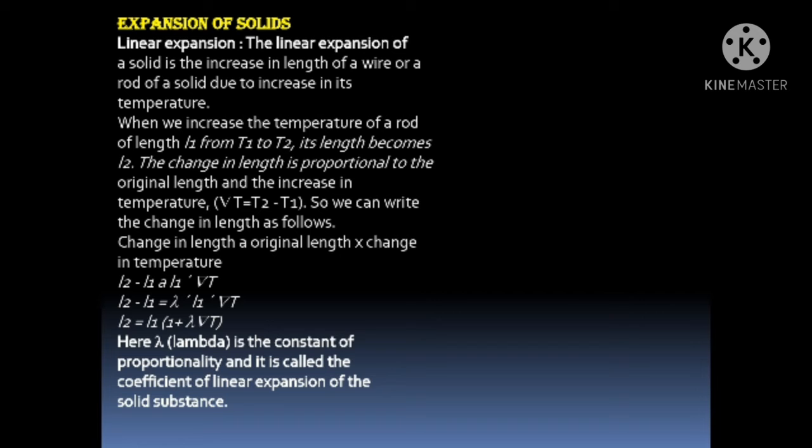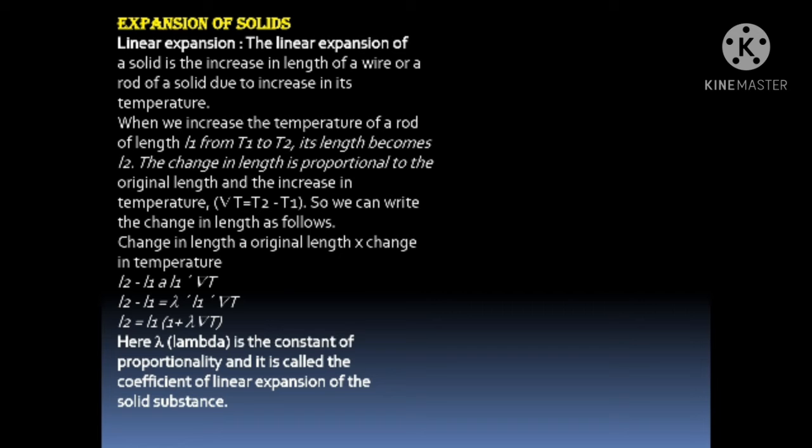Linear expansion means increase in length. So after heating the object, whatever the length is after the change, we will call that L2. Before heating the object, we called the length L1, and after the expansion has taken place, we will say the length is L2.